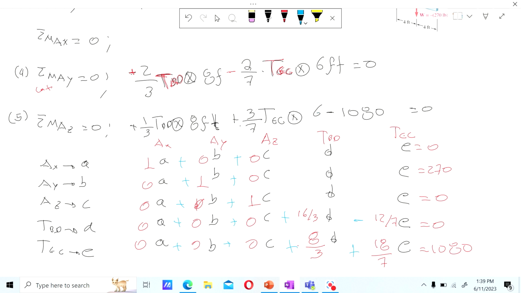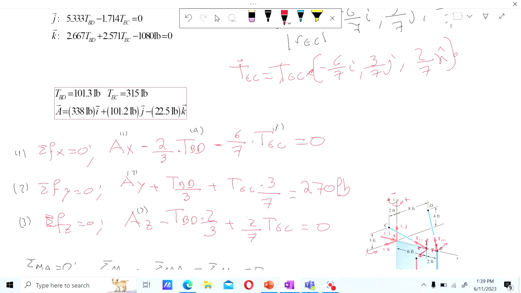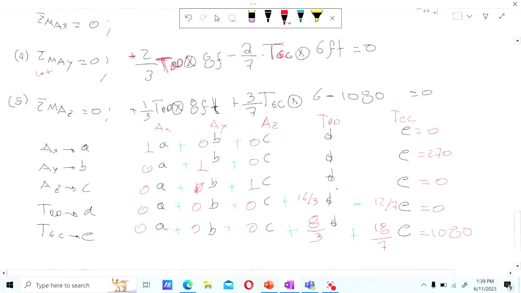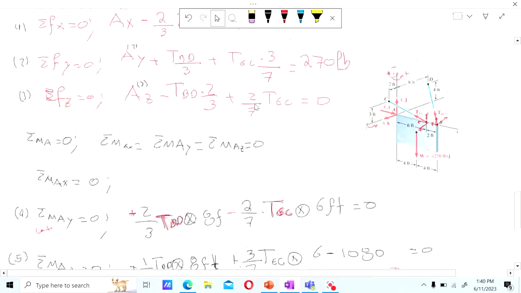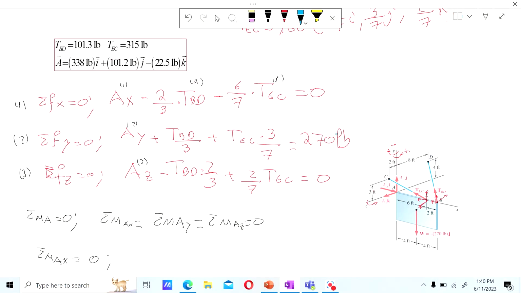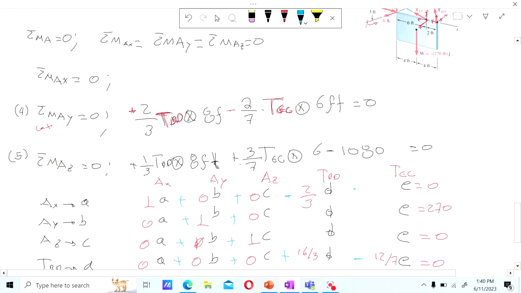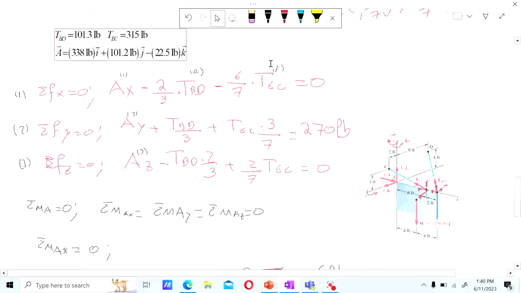All right, let's go to equations 1, 2, and 3, which are up here. Equation 1 is telling us negative 2 over 3 T_BD and negative 6 over 7. Let's go to equation 2.